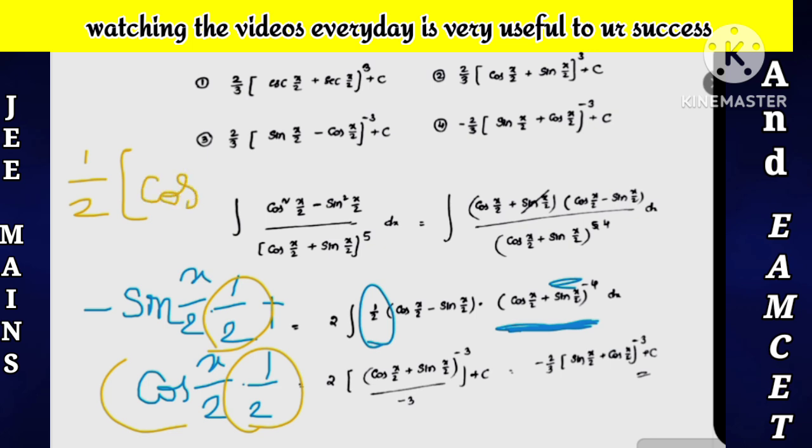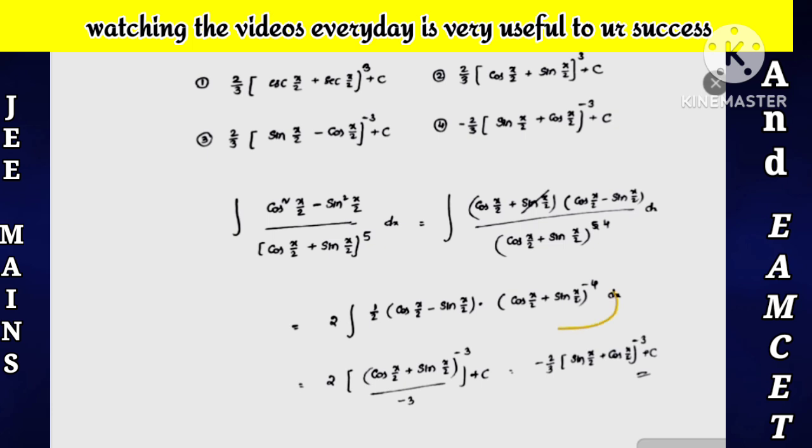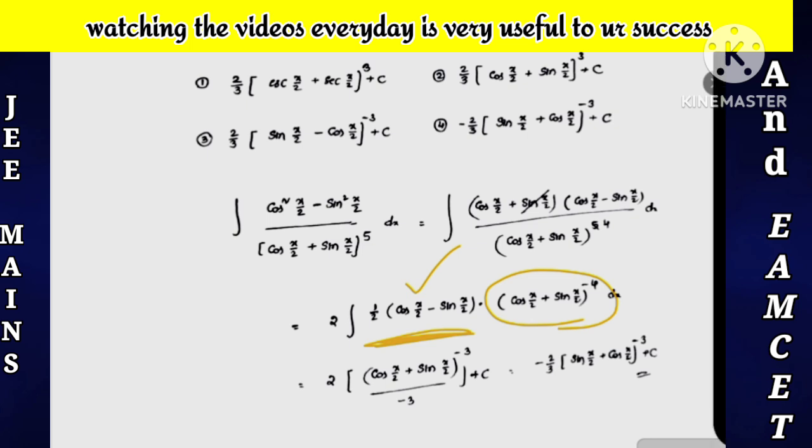So this is nothing but the derivative of this part here. The derivative of this function is this value: 1 by 2 into (cos x by 2 minus sin x by 2) is nothing but the derivative of cos x by 2 plus sin x by 2.